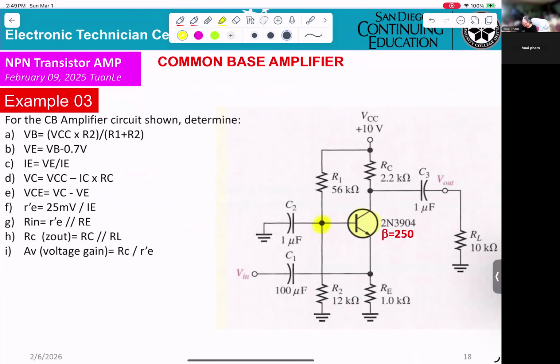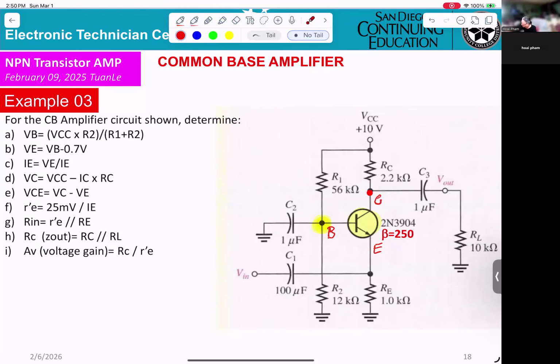And you need to calculate the VE, okay? And you know that is the collector, that is the base, that is the emitter. Okay? VE equals VB minus 0.7. IE is VE divided by RE. VC.